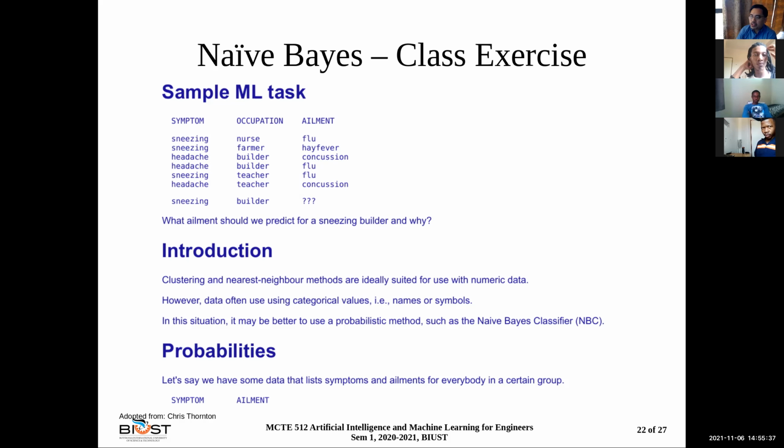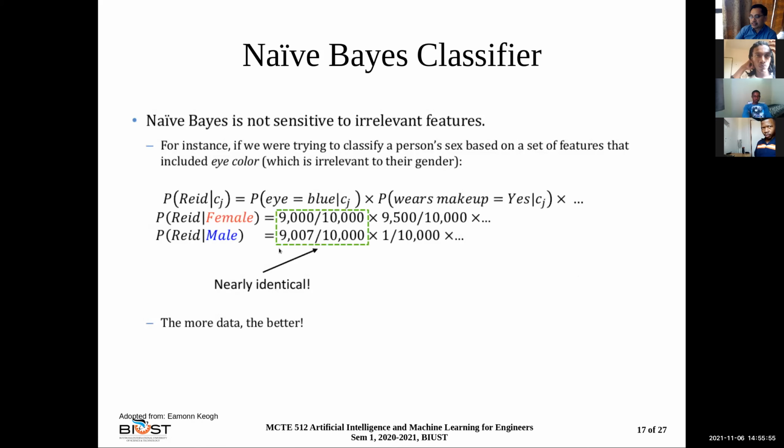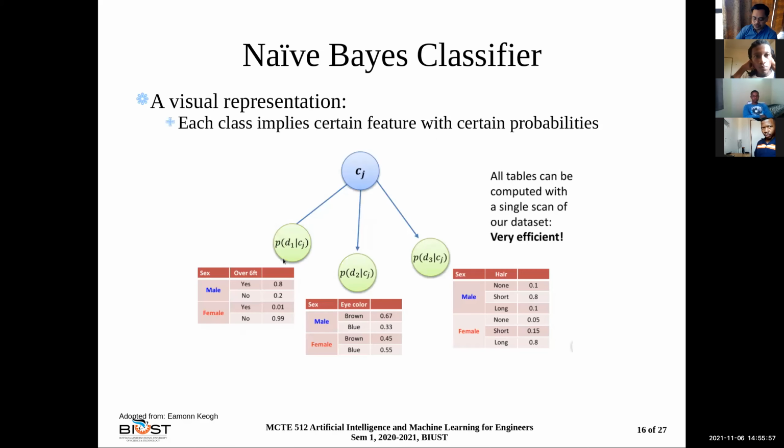So good. In this case, don't forget that we are only considering the naive Bayes classifier of all the features given a certain class. So in this case, we're supposed to have a certain class given a feature.